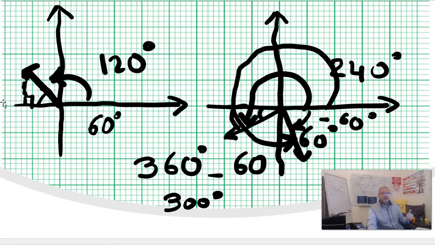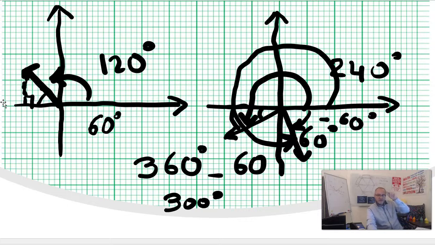And then all you need to do is, if you're in quadrant 2, do 180 minus that standard angle. If you're in quadrant 3, you do the terminal side minus the 180. And if you are in quadrant 4, you take the whole rotation, 360, and you subtract whatever clockwise rotation you went through.